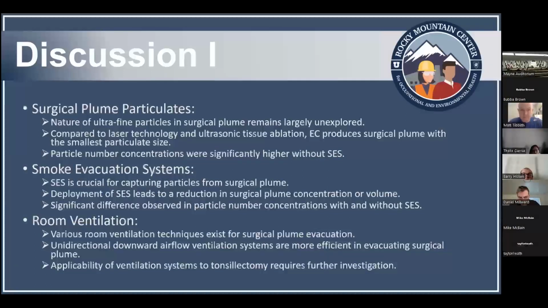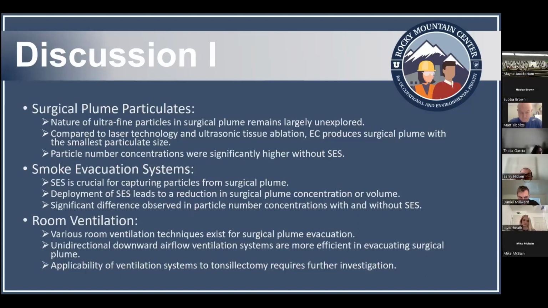And then smoke evacuation system. There are no standards or regulations that force people to use smoke evacuation systems. However, it's recommended by NICE and OSHA, but it's not mandatory. And then we need to know why people don't use them. If it makes sense that the surgical plume or the smoke is hazardous, why don't we use them?